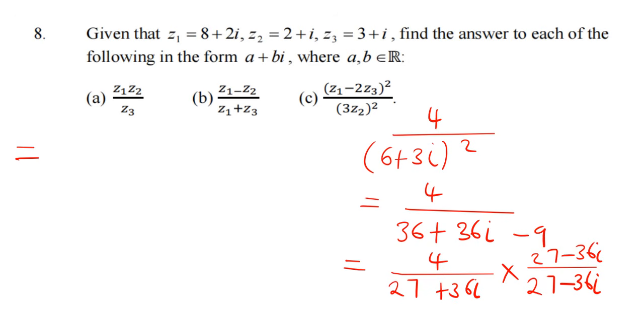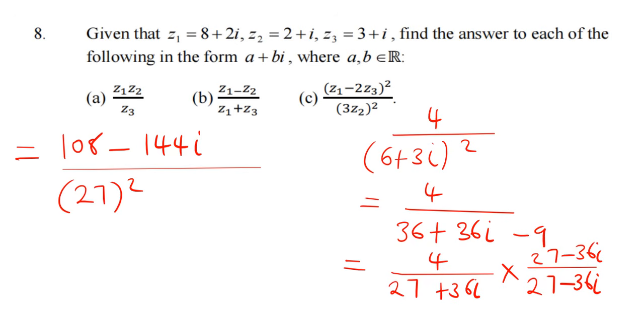Here's where I use the calculator. 4 multiplied by 27 is 108, minus 4 multiplied by 36, I'm getting 144i, over. Now I'm just going to get 27 squared minus 36i squared.